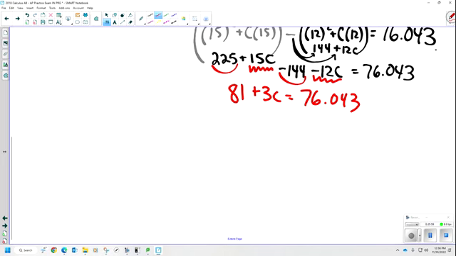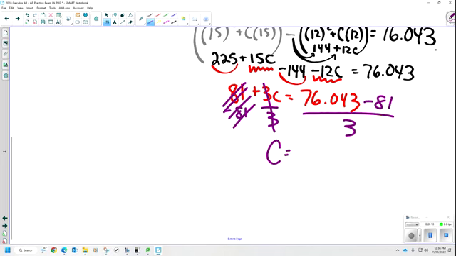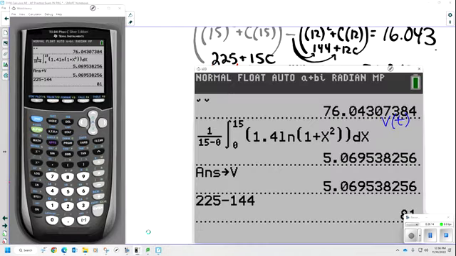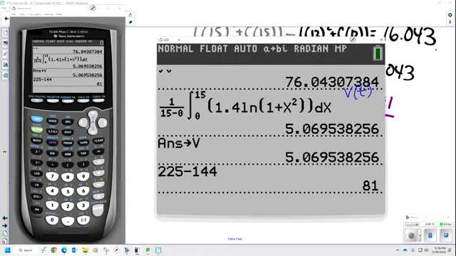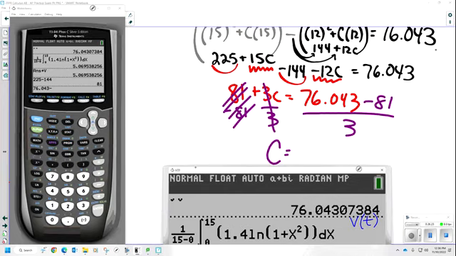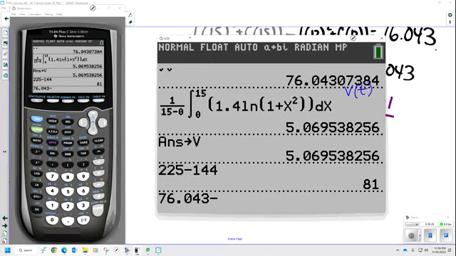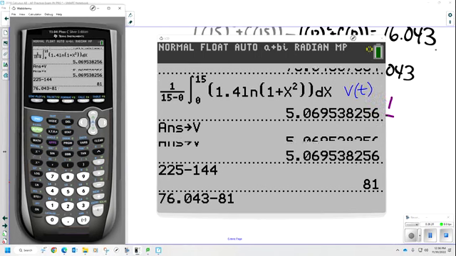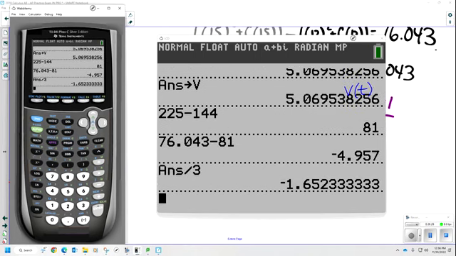All right, well, it's 2 steps. Let's subtract 81. Then I divide by 3. So my c is going to equal 76.043 minus 81, and then divide it by 3.